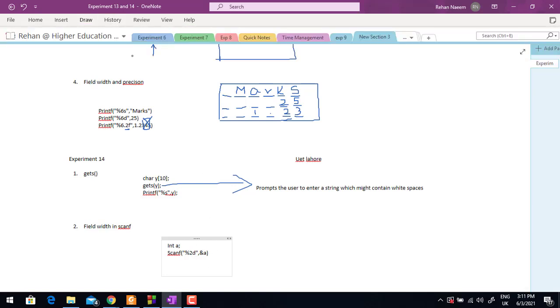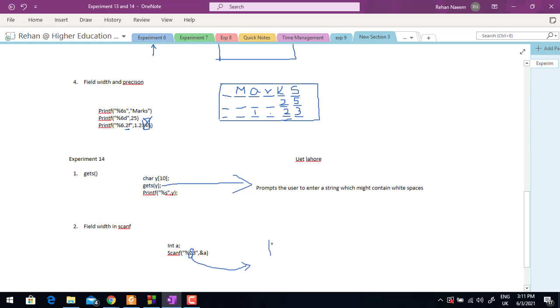By writing this 2, you are instructing the computer to only store the first 2 digits of the number.